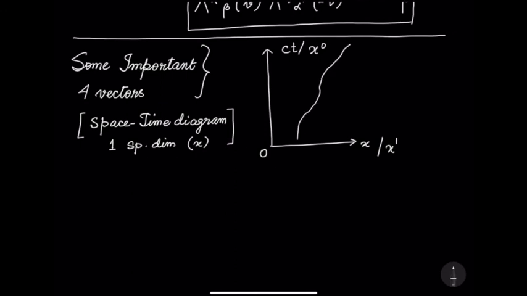Its trajectory corresponds to a collection of events, and there are different events in its trajectory. Each of these events can be labeled by the vector x alpha, seen from this reference frame. So this is all seen from the reference frame S.